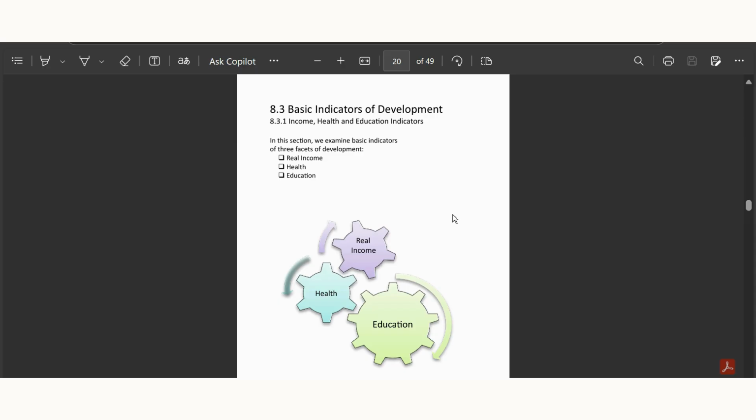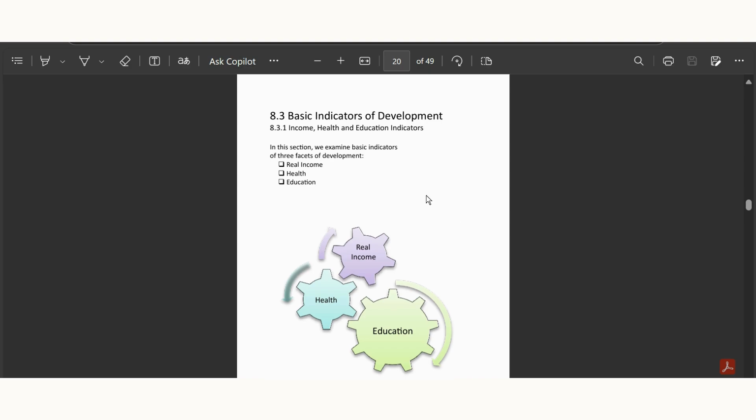I am Jafir Mia Tasin, a student of the Department of Computer Science and Engineering at Shahjalal University of Science and Technology. Today, I'm excited to present an important topic: basic indicators of development.